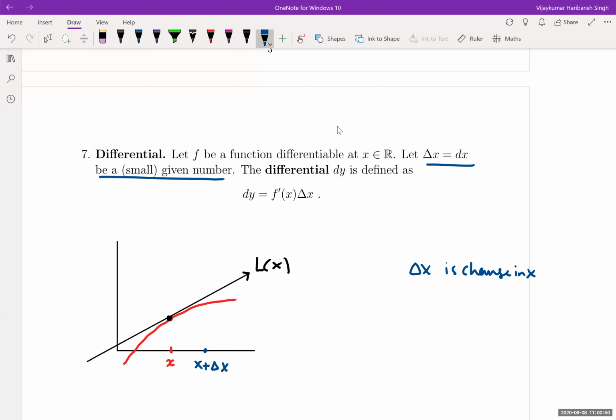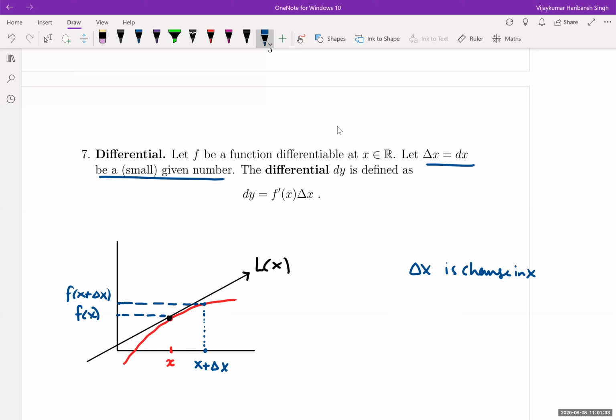Now, how much will your function change? So this is your change in x. So let's see. This is your original function value, f of x. And then your function value changes from here to here. So this is going to be your f of x plus delta x.